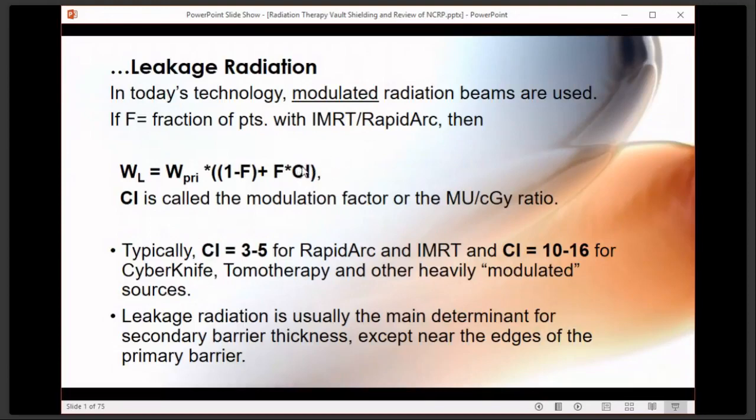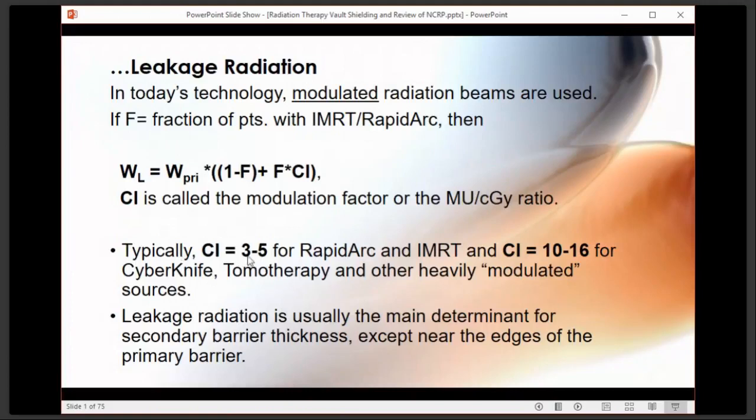This modulation factor really is the measure of how many extra monitor units are required per centigray to achieve the dose at isocenter. So it's often referred to as the MU per centigray ratio.